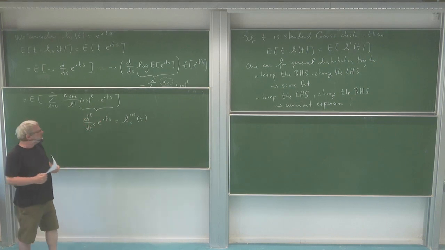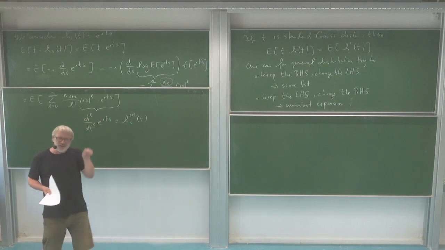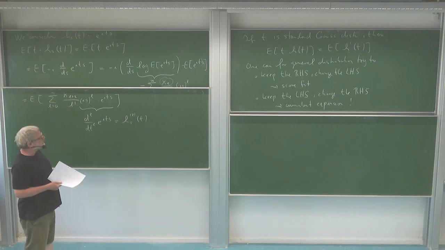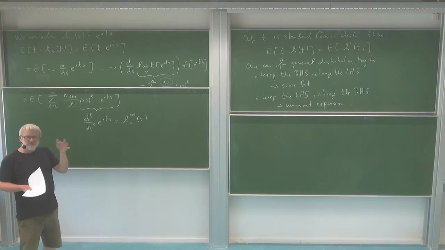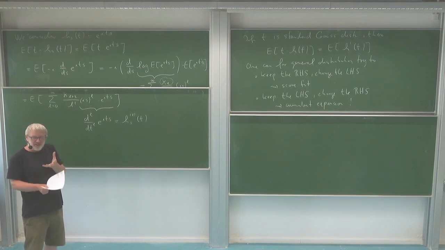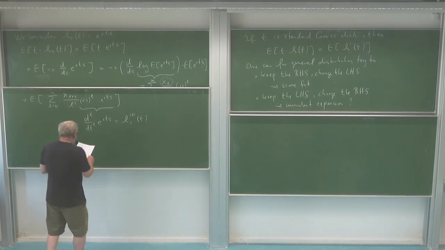So you see, it's a strange way. I start with doing derivatives with respect to s, but I'm somehow able to change this into derivatives with respect to t, and that's what I want. Good.